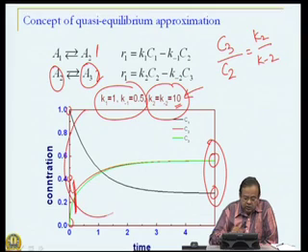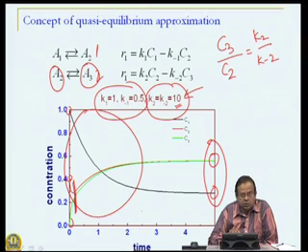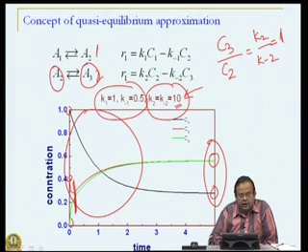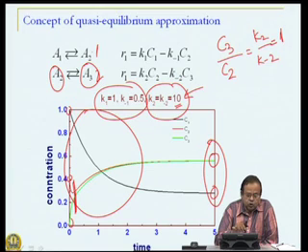But in this region, A2 and A3 have almost reached equilibrium, because according to our parameter values C3 by C2 is 1 when that reaction reaches equilibrium. Or in other words, when we had two reactions with differing order of magnitude of kinetic parameters, that means the second reaction is much faster compared to the first reaction.